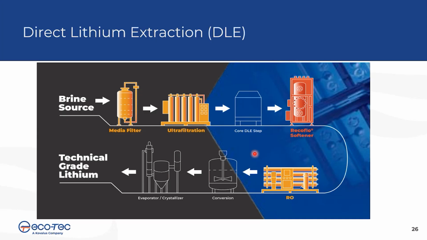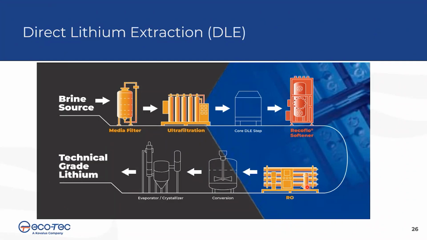After the core DLE step, the next focus is impurity removal, especially calcium and magnesium. This is exactly where the Recoflo softener is designed for hardness control in the DLE flowsheet. From there, the flowsheet moves into RO and conversion, and finally evaporation crystallization to reach technical grade lithium.